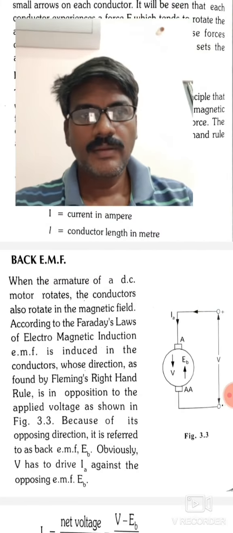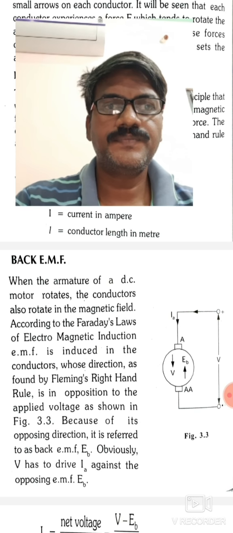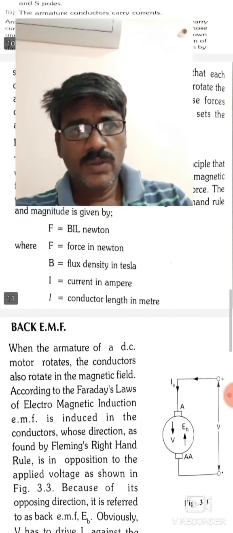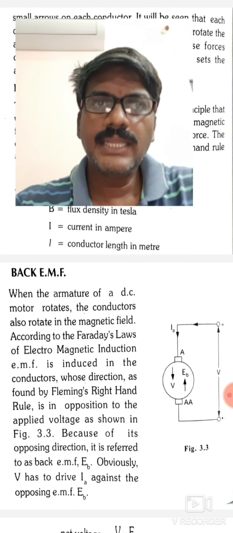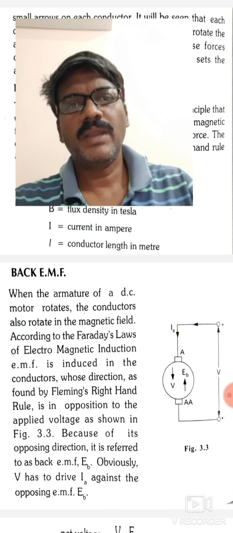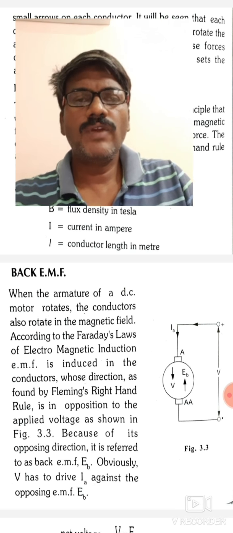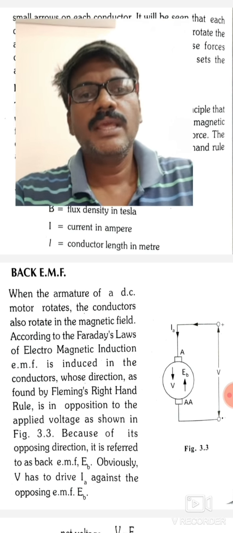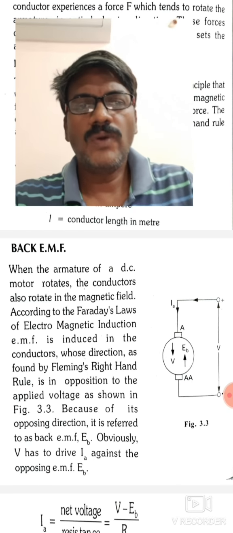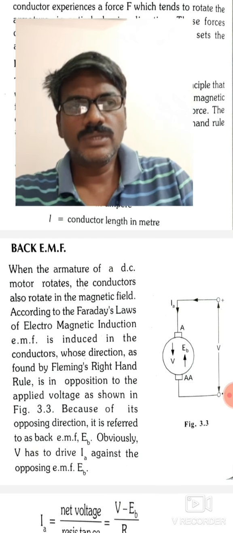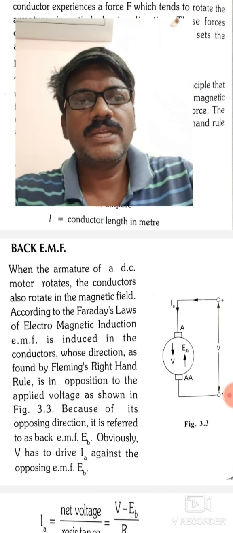Next, back EMF. When the armature of a DC motor rotates, the conductor also rotates in the magnetic field. So according to Faraday's law of electromagnetic induction, an EMF is induced in the conductor, whose direction is found by Fleming's right hand rule.